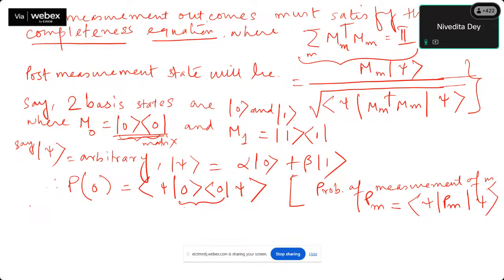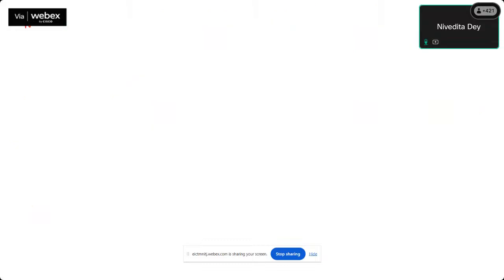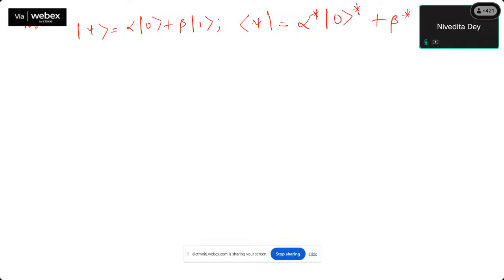So from this, now, also remember one thing here: if ket psi is equal to alpha ket 0 plus beta ket 1, this bra psi will be alpha star bra 0 plus beta star bra 1, with the complex conjugates. Okay.